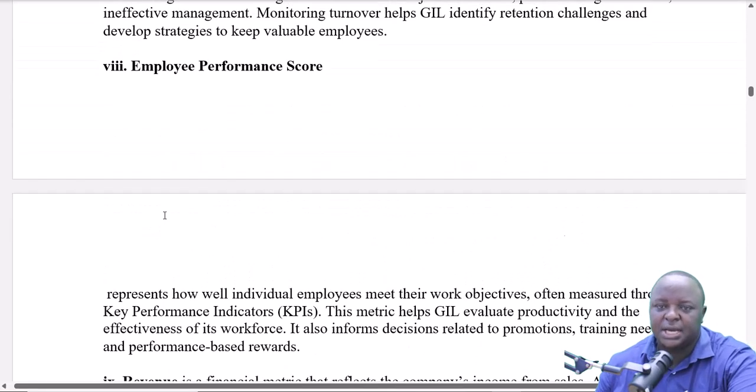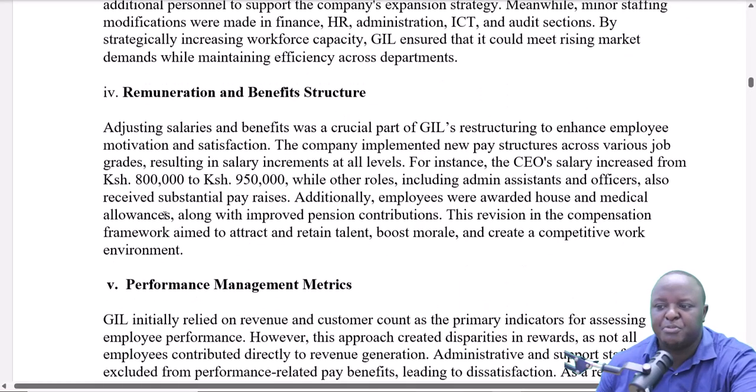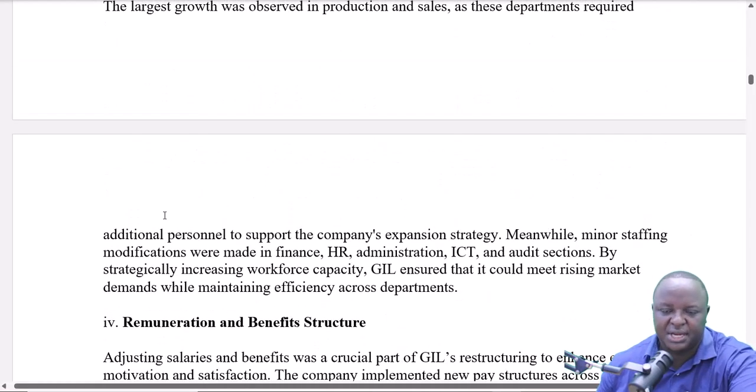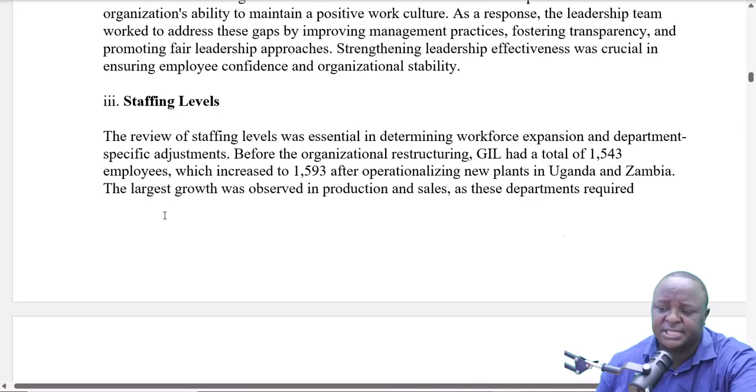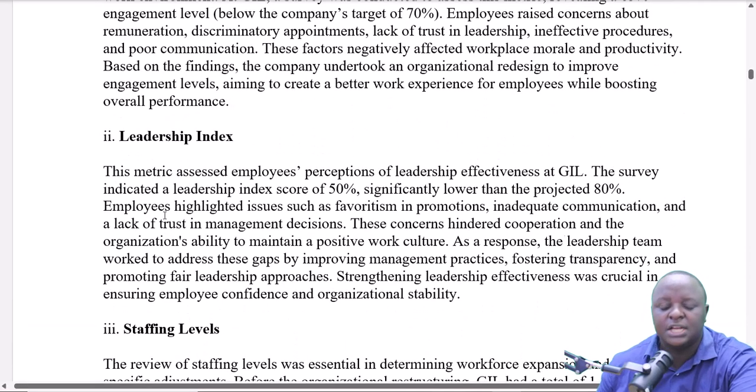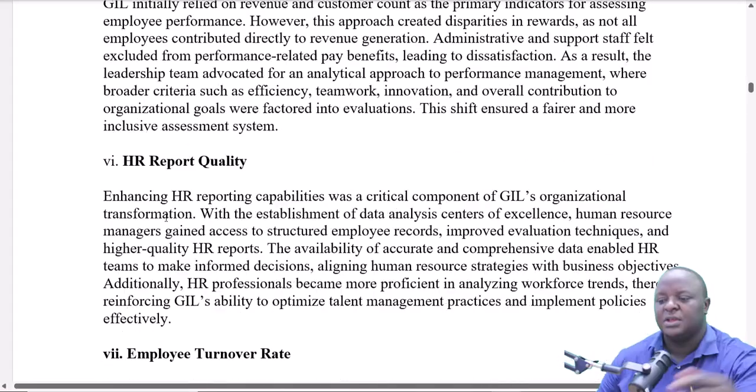It's evident from the information in the case study that we read earlier that there was a great improvement from the previous performance. When a survey was done, the problems were identified and solutions were recommended.